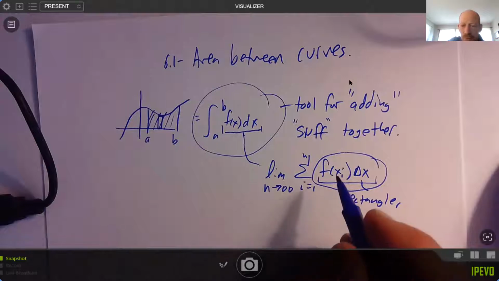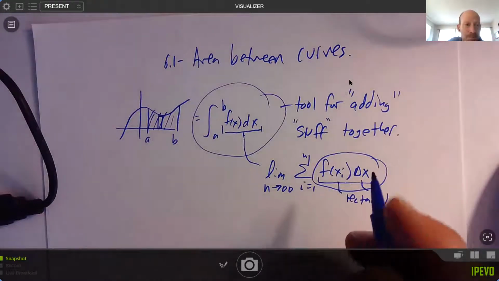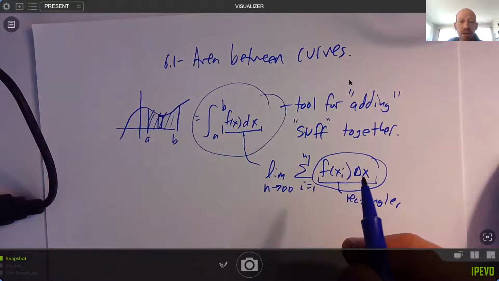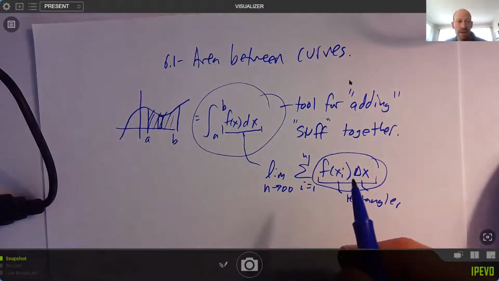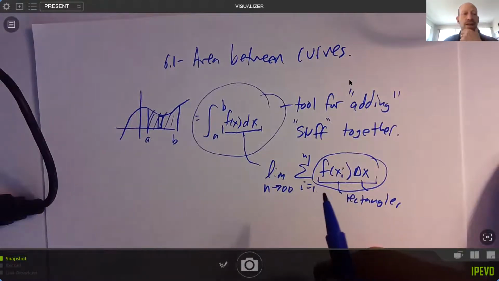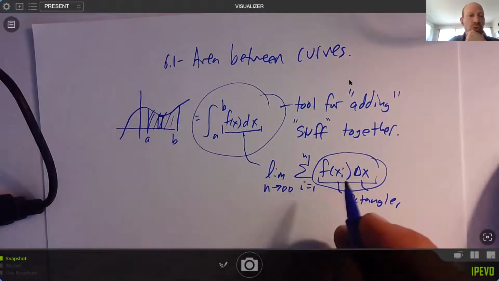So these little pieces can be little pieces of anything. They can be little rectangles like we have here, but they could also be little pieces of work, like in physics, or little distances, any sort of thing that we want to approximate and then find an exact value of, we can use this tool to accomplish.